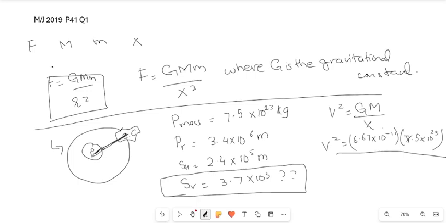So x is 3.4 into 10 raised to the power 6 plus 2.4 into 10 raised to the power 5. When you multiply and divide, you get 3.7 into 10 raised to the power 3 meter per second.